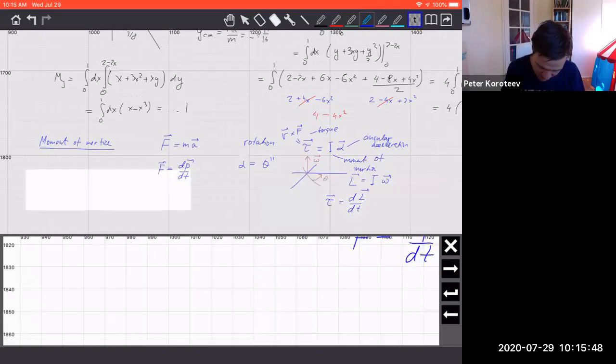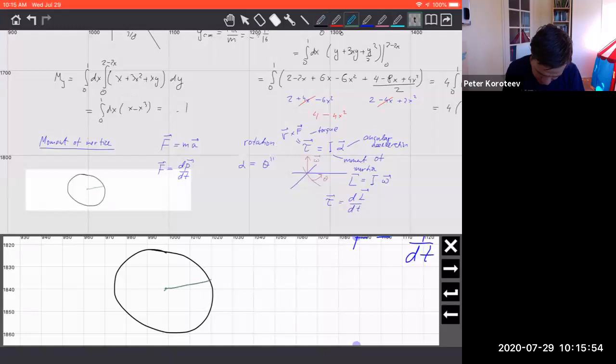If you have the simplest example, a point particle moving on a circle of radius r, let's treat it as a point particle m, which moves with the velocity v over a circle of radius r.